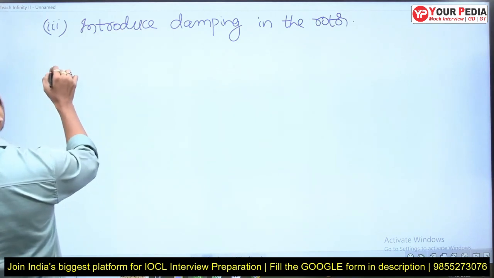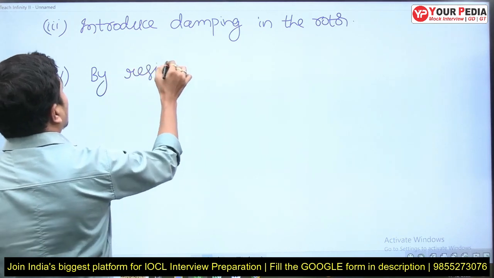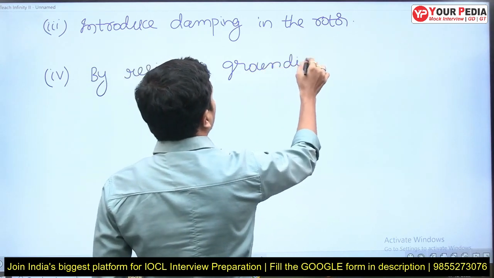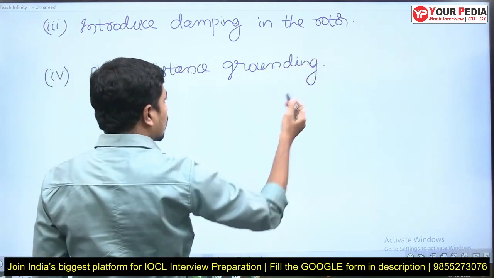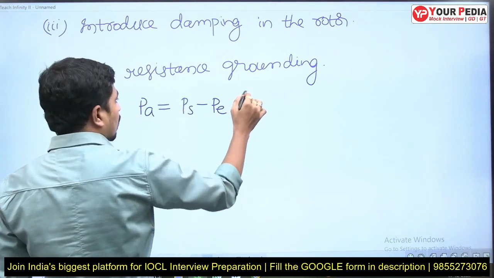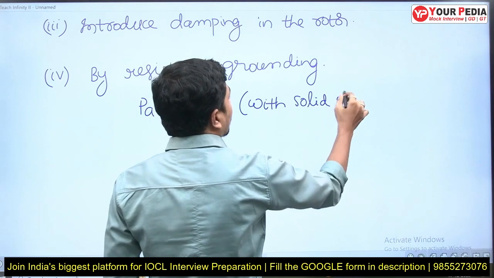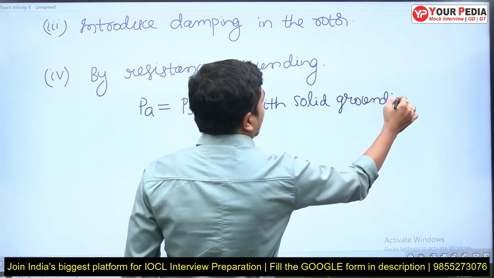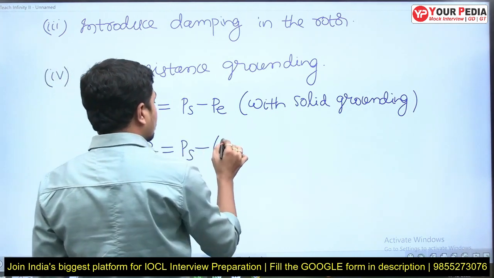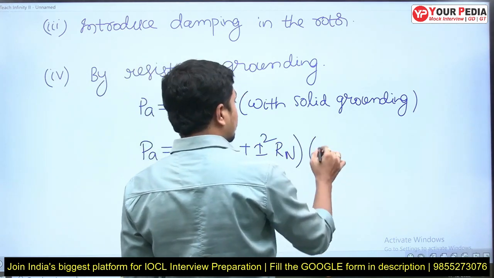The fourth one is resistance grounding. I'll show you how this resistance grounding will improve stability. Without resistance grounding, Pa is equal to Ps minus Pe. With resistance grounding, Pa is equal to Ps minus Pe plus I square Rn.